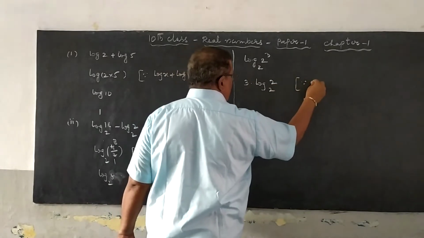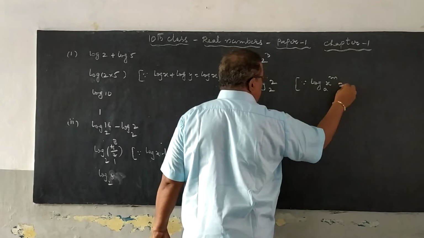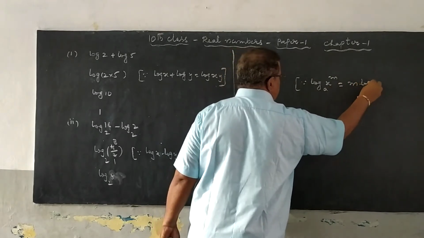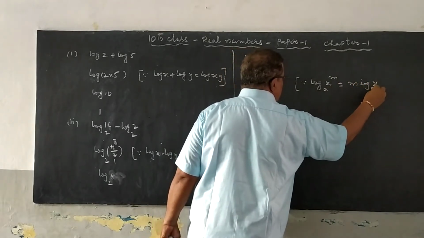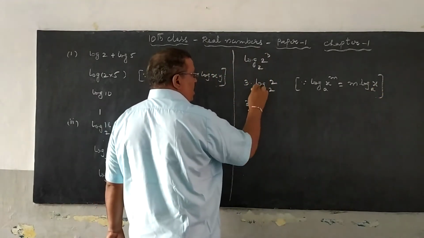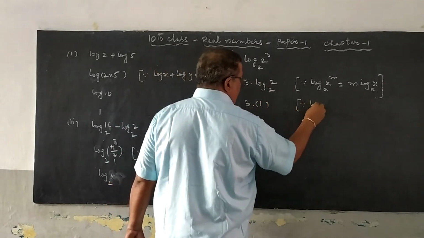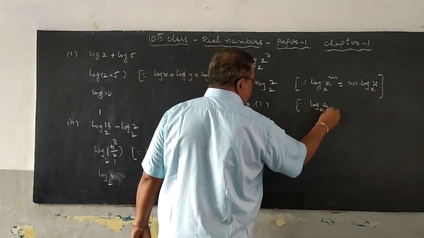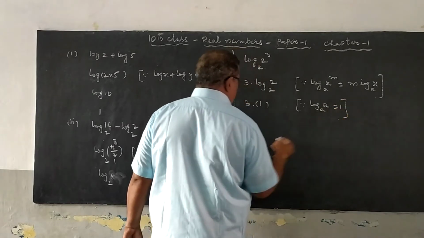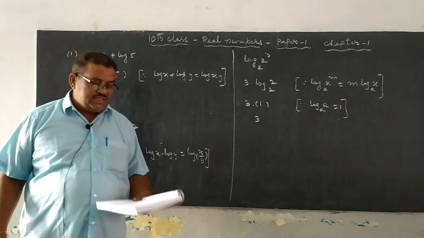Since from the supporting formula log x power m to the base a is m log x base a. This is the formula. So 3 into log 2 base 2, value is 1, since log a base a is 1. 3 into 1, the answer is 3. This is the second problem in this Roman.